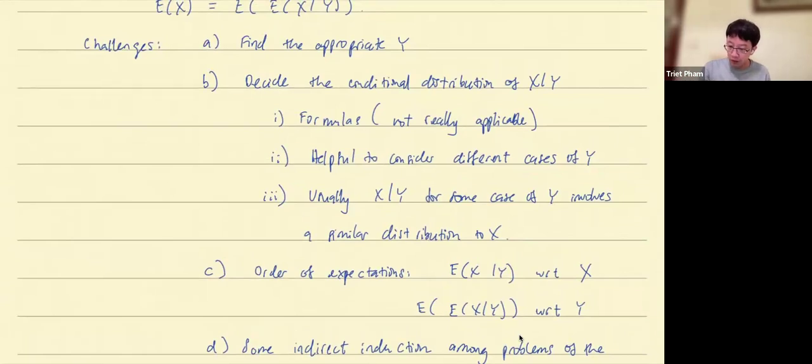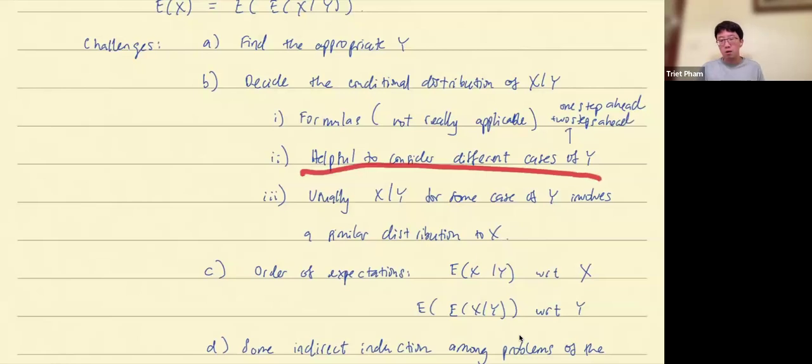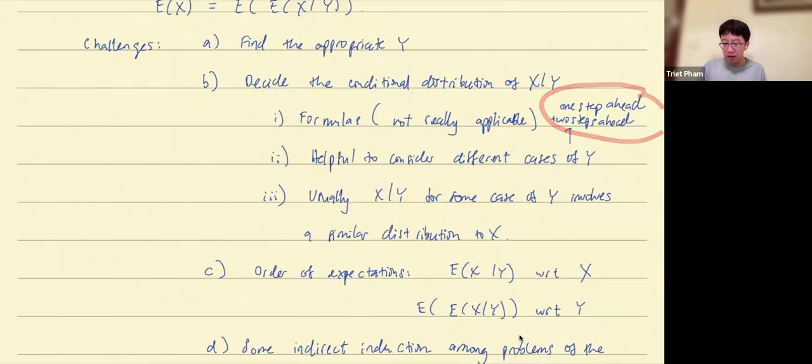So probably it's something along the line of looking 1 step ahead, 2 steps ahead, conditioning on Y. This statement right here should be understood in that sense as well. By conditioning on Y, you look 1 step ahead, 2 steps ahead.